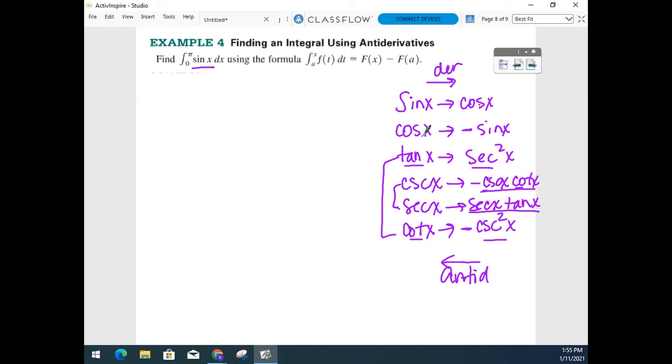But what does that mean about the antiderivative of positive sine? If you're going backwards, you've got to move that negative over. The antiderivative of positive sine is negative cosine. So we're going to write negative cosine x, that's our antiderivative.